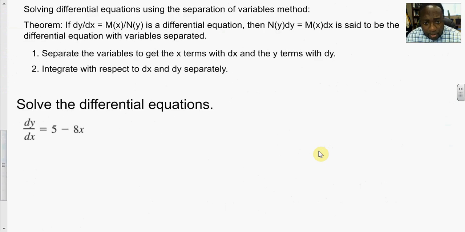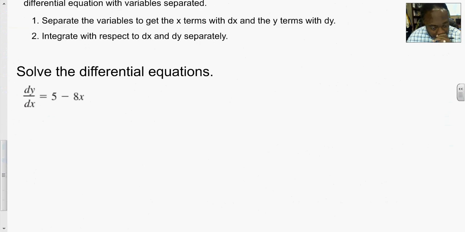Let's begin and solve these differential equations using the method of separation of variables. So here, multiply both sides by dx, so we end up with dy is equal to parentheses 5 minus 8x times dx.